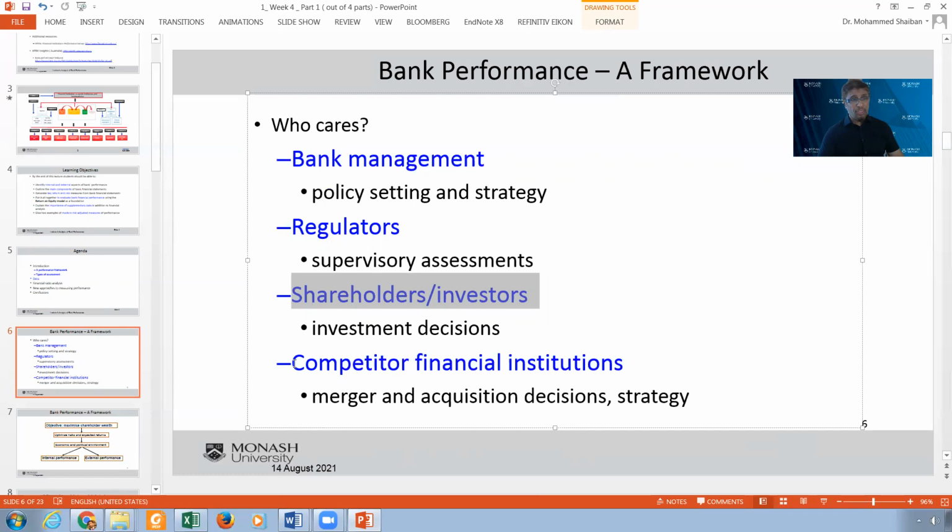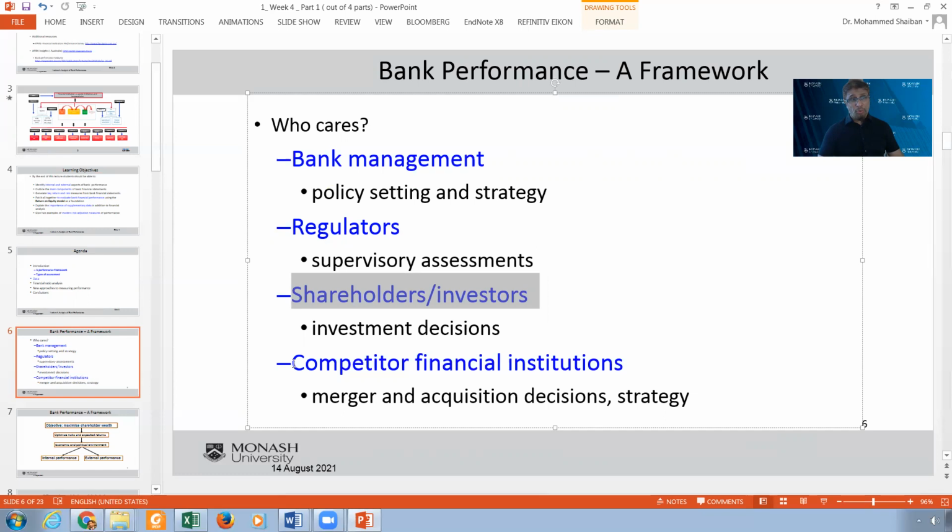So all of those are very important, so that only strong banks can stay in the market, and that will help the financial system and the regulators and make better financial services. So this information you have to provide to the market so the competitors can use it.